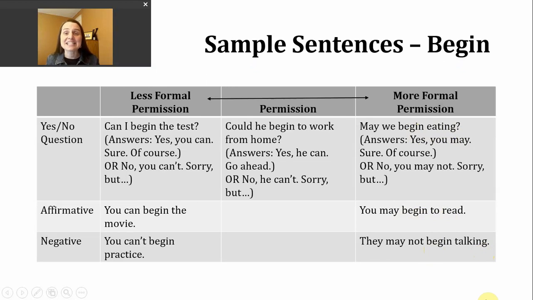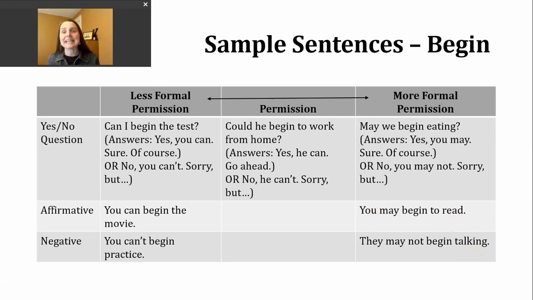So the thing that I want you to take away from this is that it is okay to use either infinitives, so that's to plus a verb, after the verb begin, or you can use gerunds, that's the ing form of the verb. So the words work, eating, read, talking, they look like verbs, but they are functioning like nouns in all of these sentences I've just pointed out.